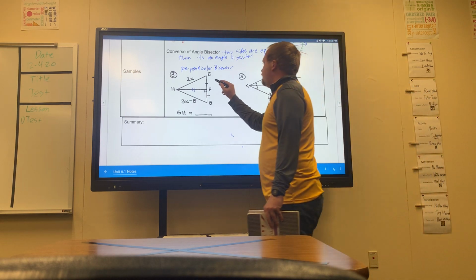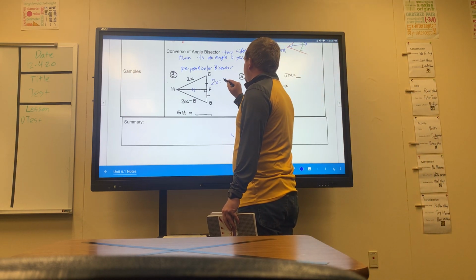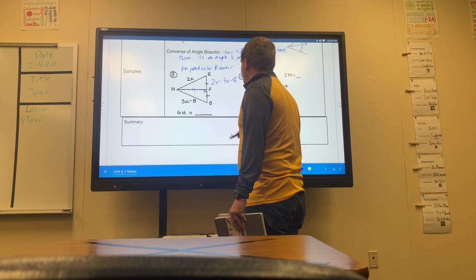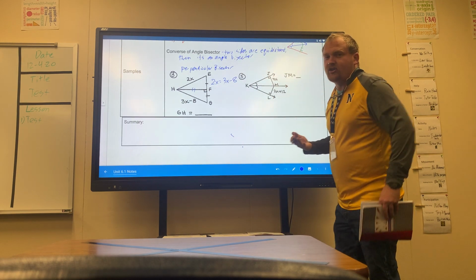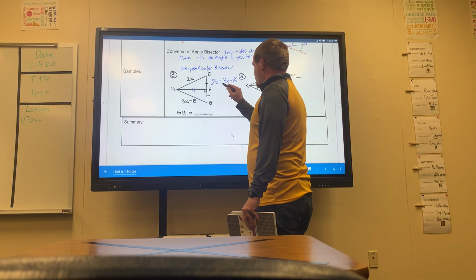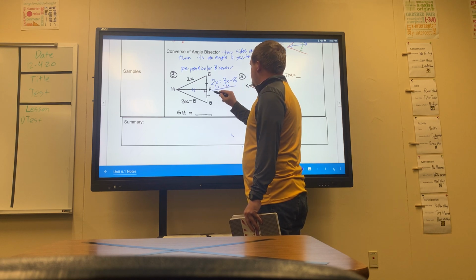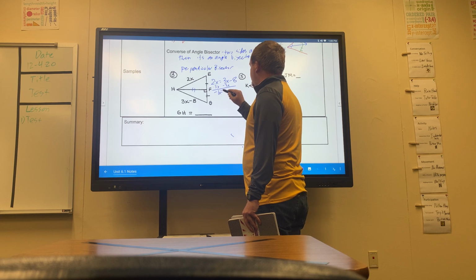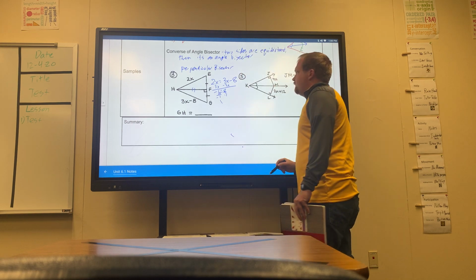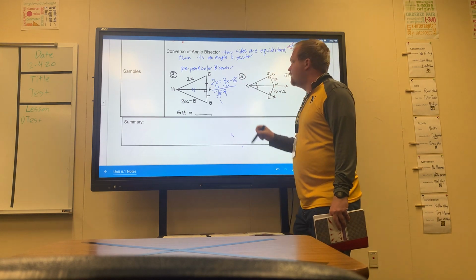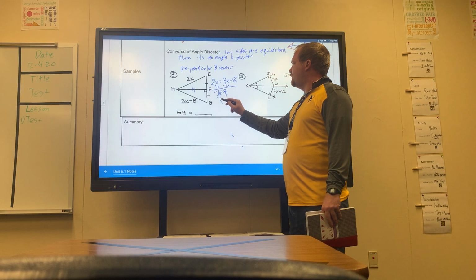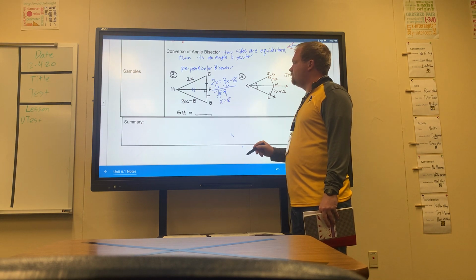So I know that 2x is going to equal 3x minus 8. Now I just got to solve for x. Subtract 3x from both sides. Negative x equals negative 8. Divide by negative 1. My fault, I forgot the negative 8 down. So negative 8 divided by negative 1 is 8.